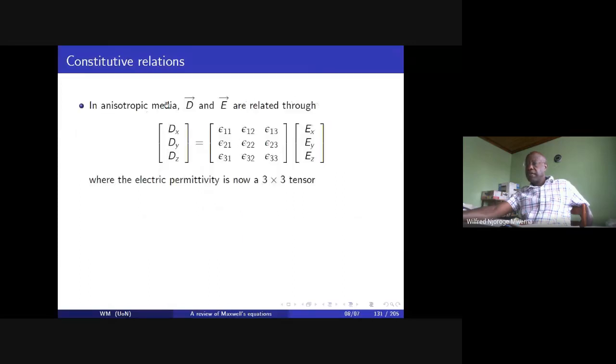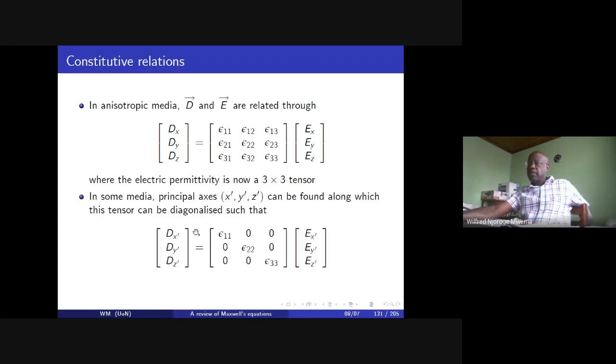For an anisotropic medium, we say that D and E are not aligned, and we can have Dx, Dy, and Dz, and they are related to Ex, Ey, and Ez by the matrix of the permittivity. This is what we call a tensor, and it's a 3x3 tensor that relates those two.